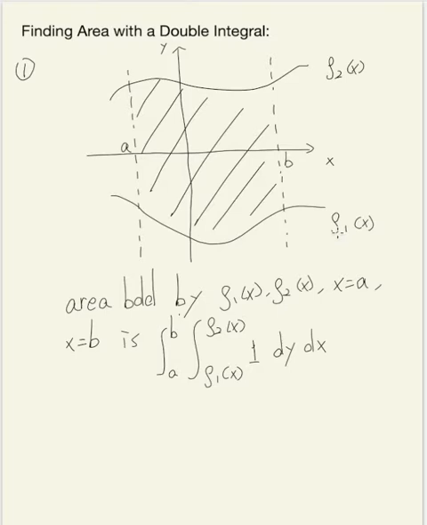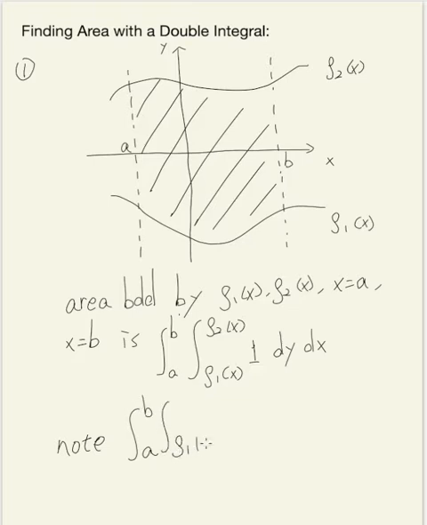Remember that in probably 16b, you've seen how to find area using a single integral, which can be easily obtained here. Notice that since 1 is a constant function, we can evaluate this inner integral.